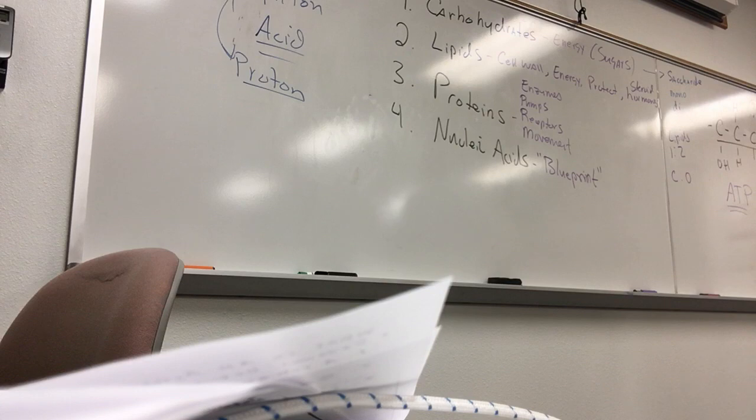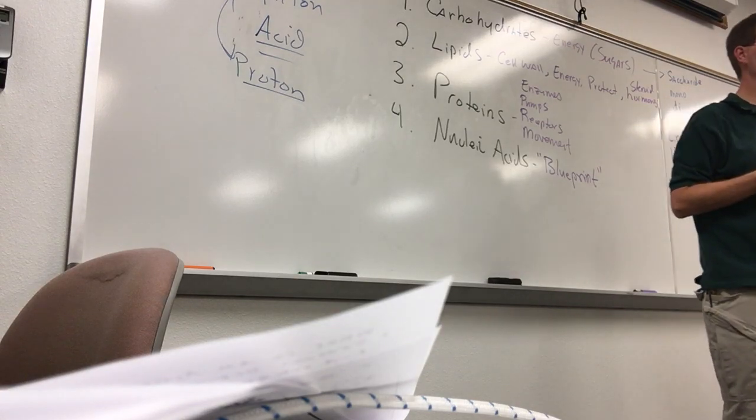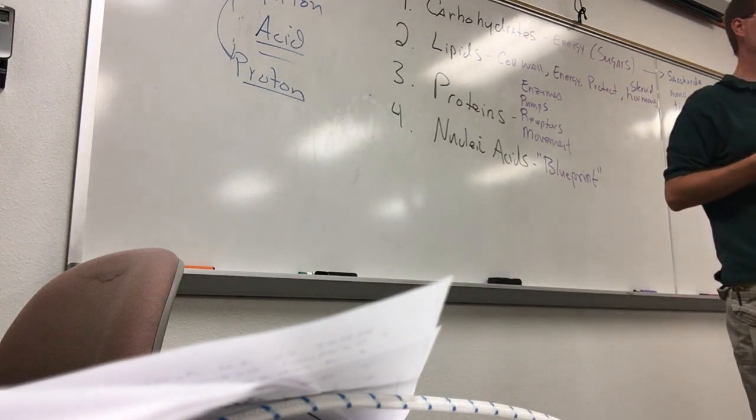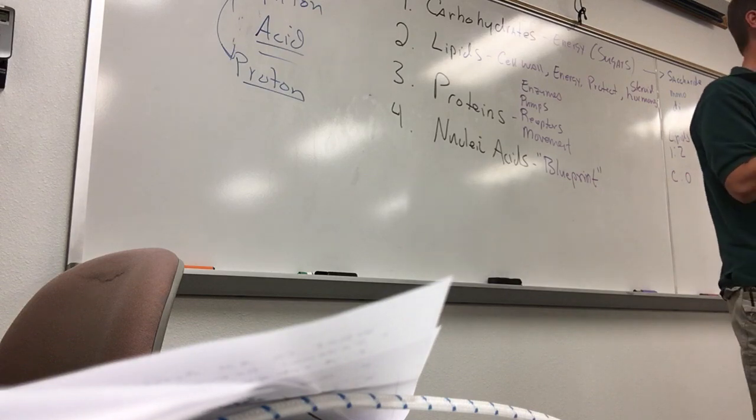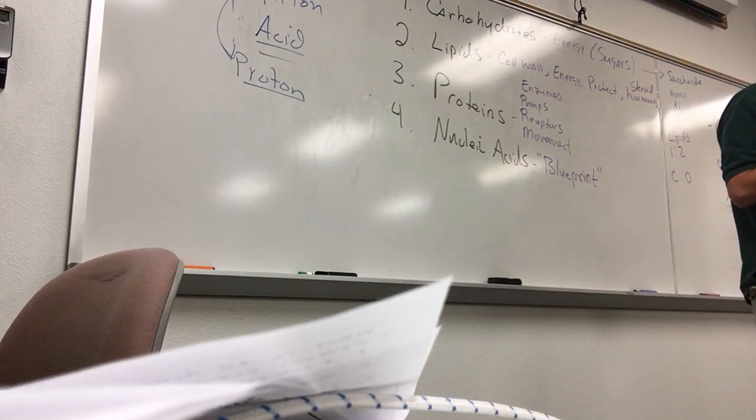That's a problem with saturated fats, and they're good at stacking up inside of our blood vessels, causing something known as atherosclerosis, a narrowing, a buildup of plaque in the blood vessels. Does that kind of make sense? Do saturated fats tend to be liquid or solid? They tend to be solid because they can stack up on each other.